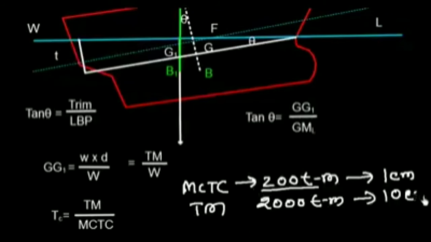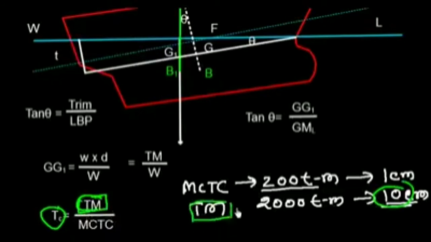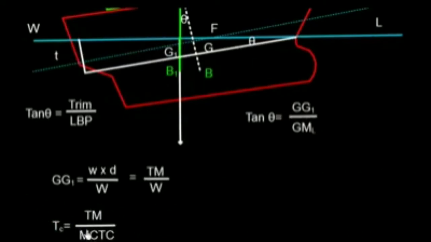Obviously it is going to be 10 centimeter, which I get by dividing TM, 2000, by MCTC. So we have this relationship where trim change is nothing but trimming moment divided by MCTC.